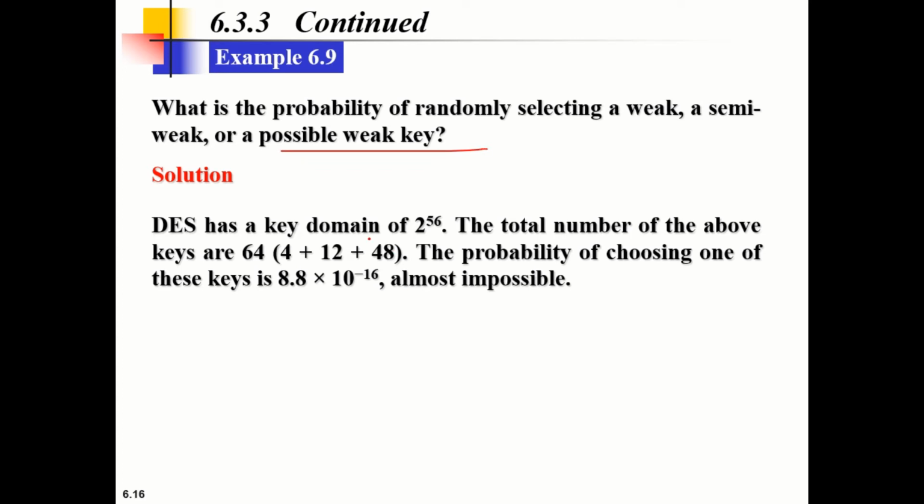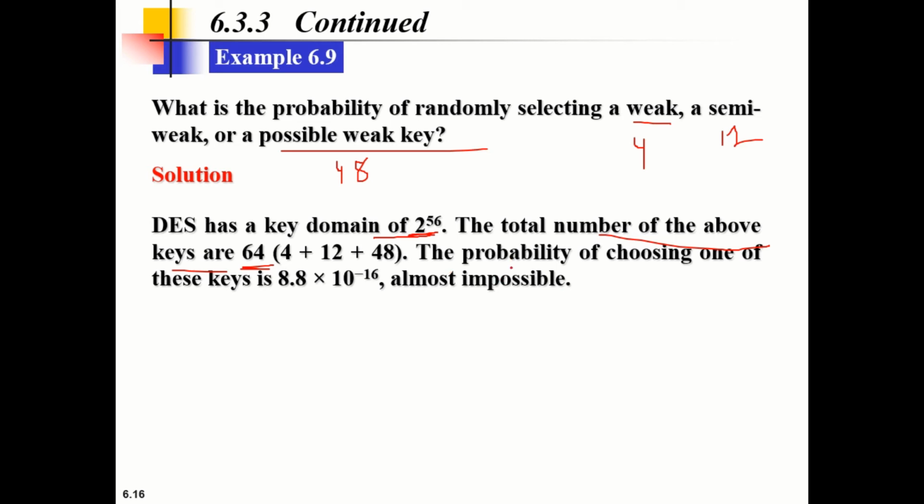DES has a key domain of 2 raised to 56 keys. The total number of weak keys is 4. Semi-weak keys are 12 in number, and possible weak keys are 48 in number, right? So in total, we have 64 keys which are weak, semi-weak or possible weak keys.